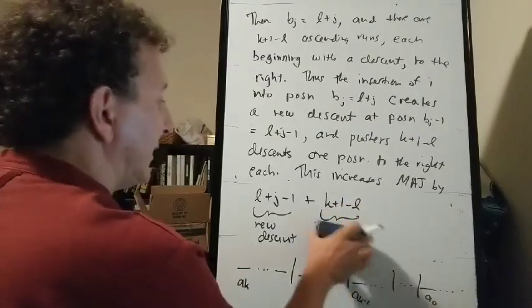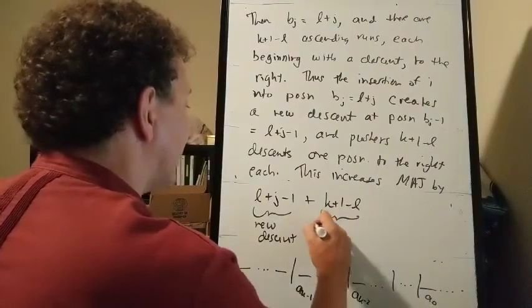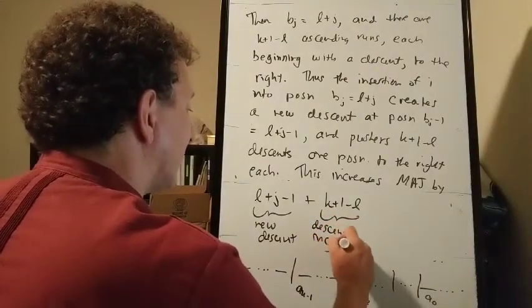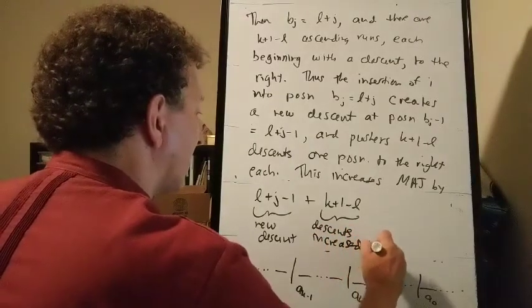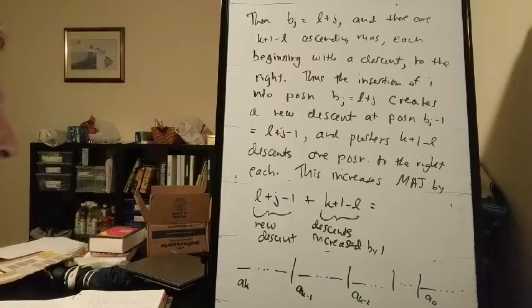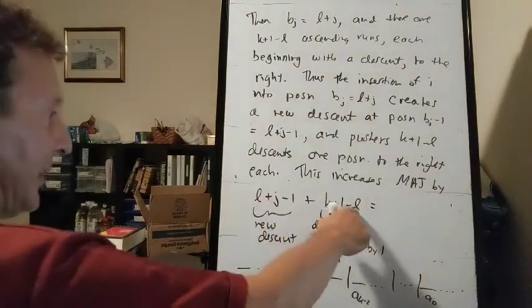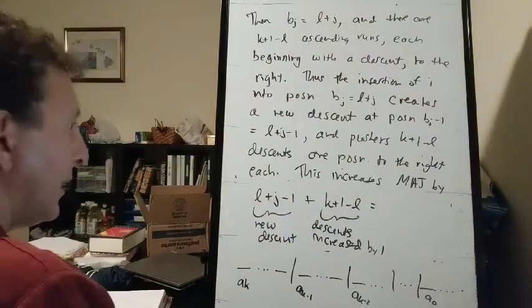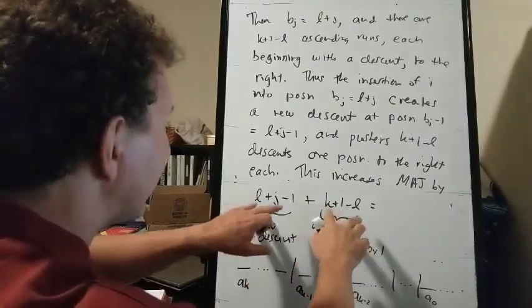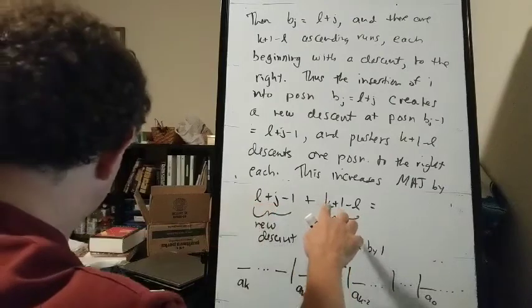This is the number of descents increased by 1. So that's the change in major index, and I guess the L's cancel, and the -1 and the +1 cancel. So what does that leave us? J plus K.